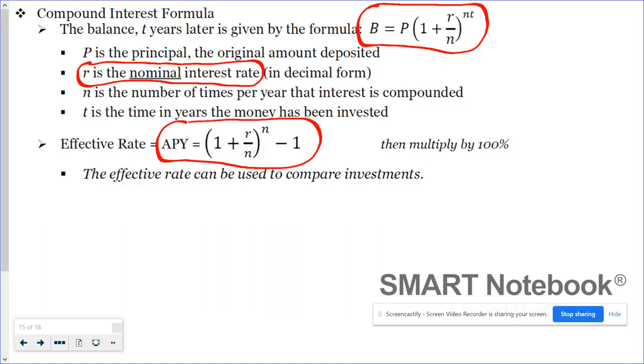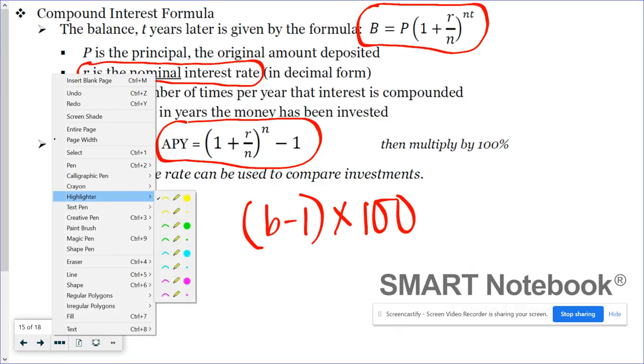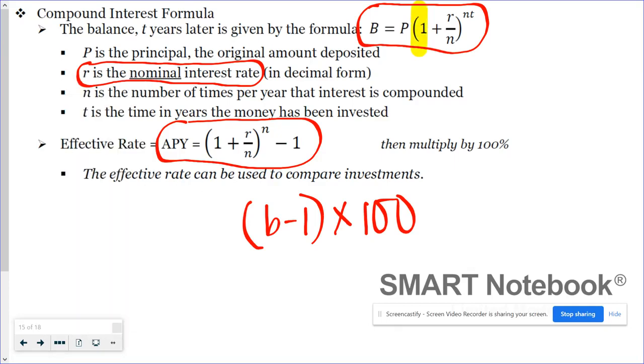We can find that effective rate, also known as the APY, by doing this calculation here. We have 1 plus r divided by n, raised to the nth power. From there, we subtract 1 and multiply by 100%. Basically, this is the equivalent of going base minus 1 times 100 that we've done previously in our exponential function formulas, because the base of this compound interest formula is that part.